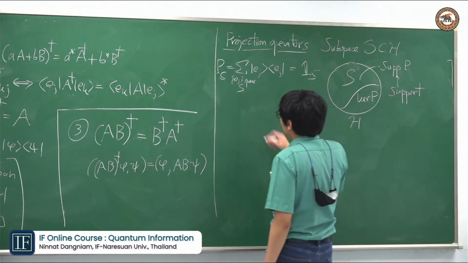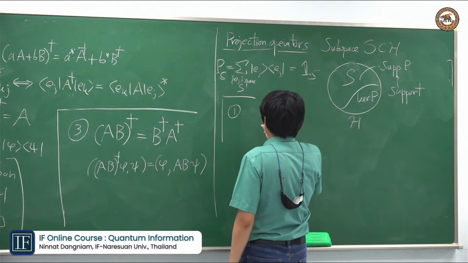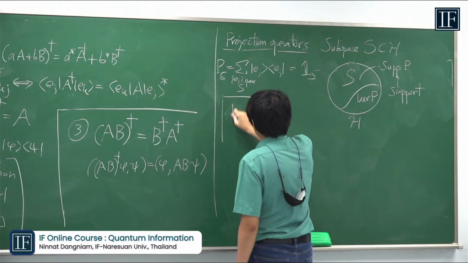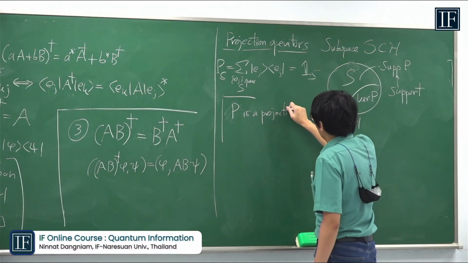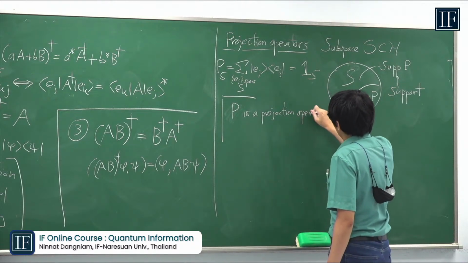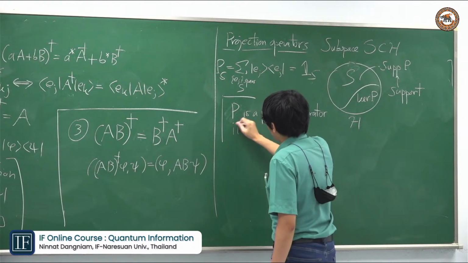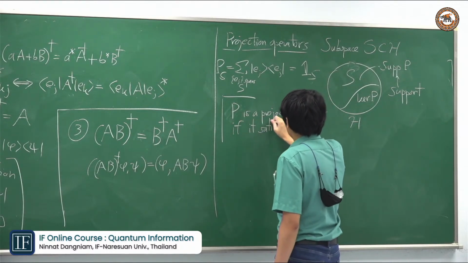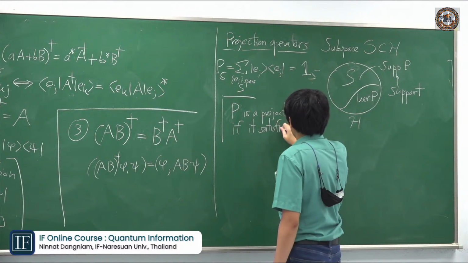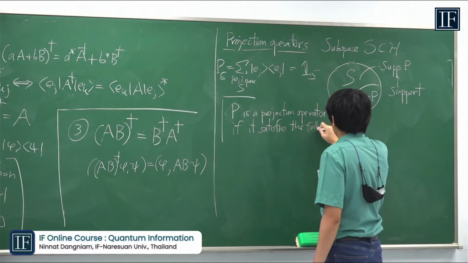So in general, the characterization of a projector is that, let's say P is a projection operator if it satisfies both of the following.